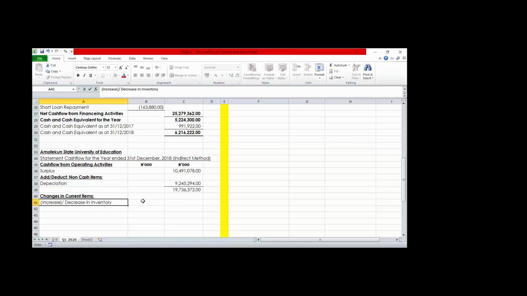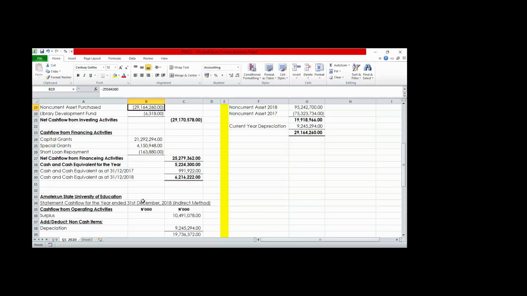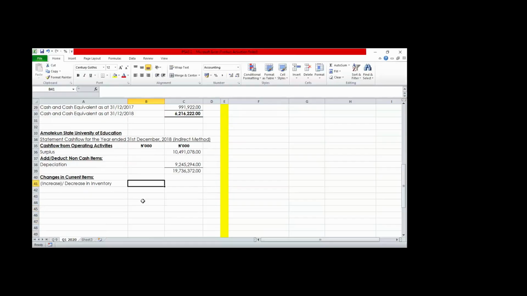What is our increase in inventory? 2,278,192.